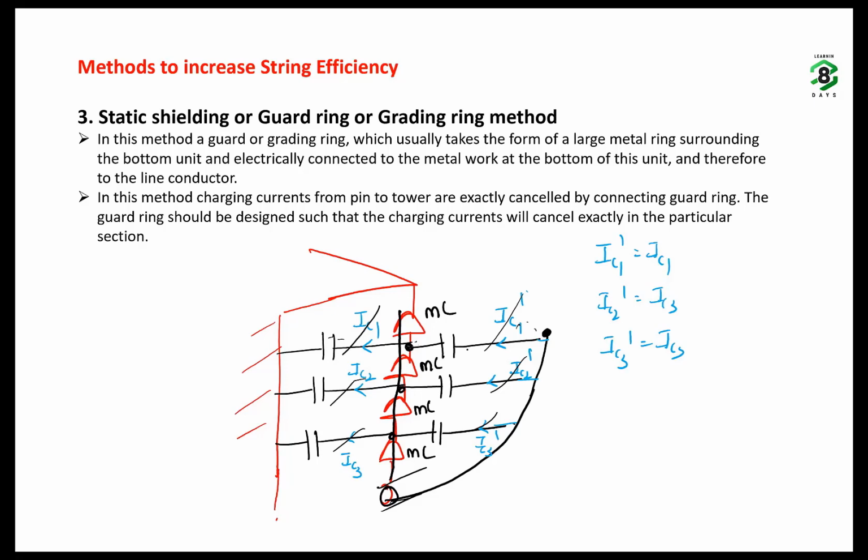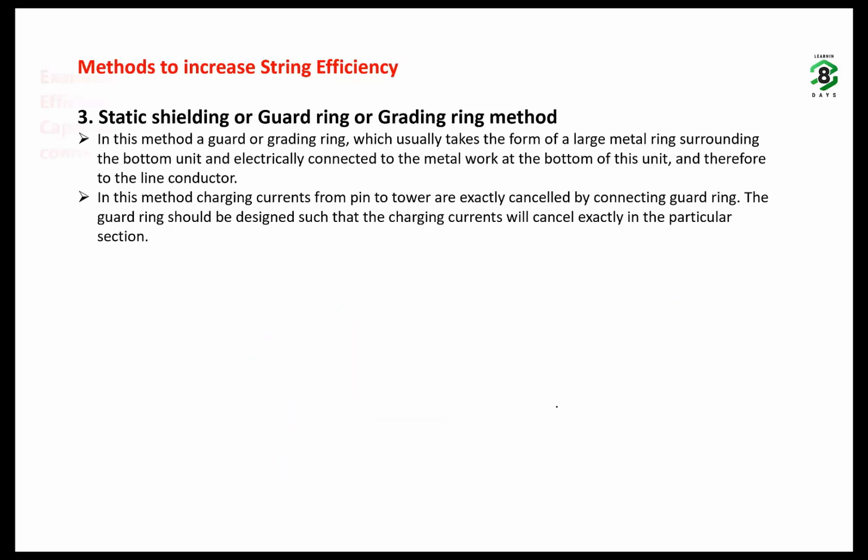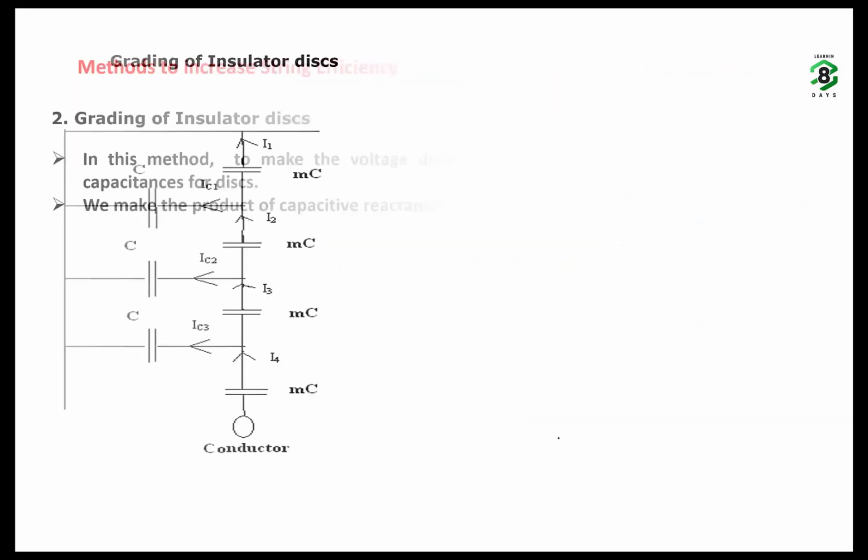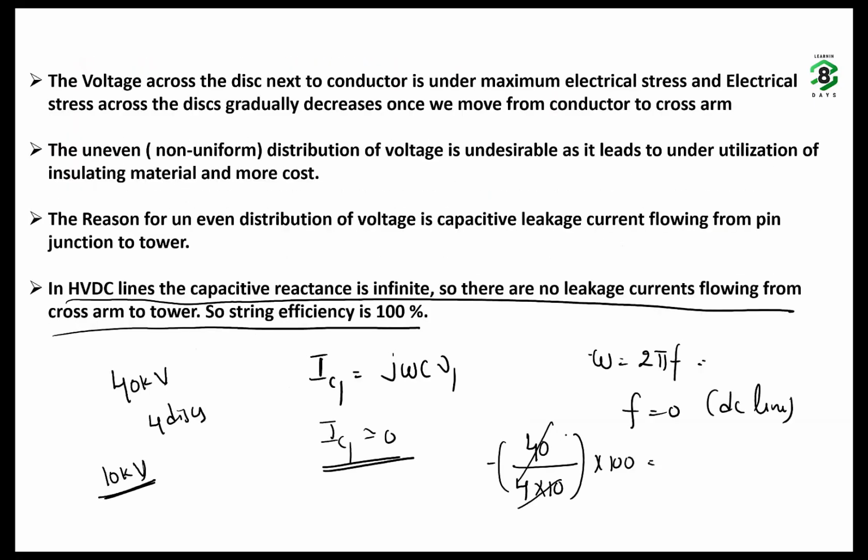Even if we do not connect the ring so that it covers all the insulators, and only the first one, two, three are covered, you will get a string efficiency in the range of 95%. One example here, in one of the images, we have a guard ring.